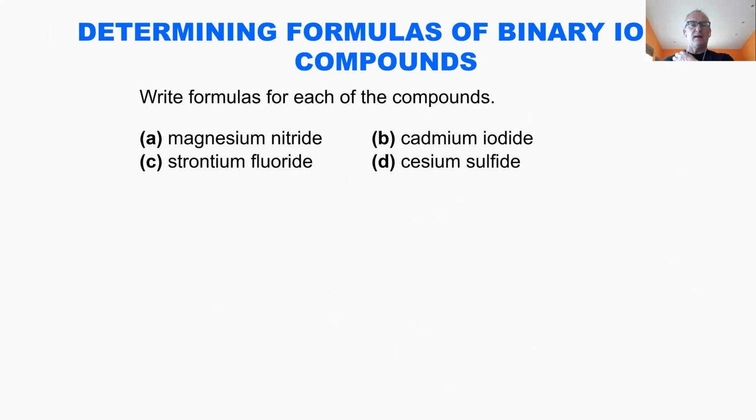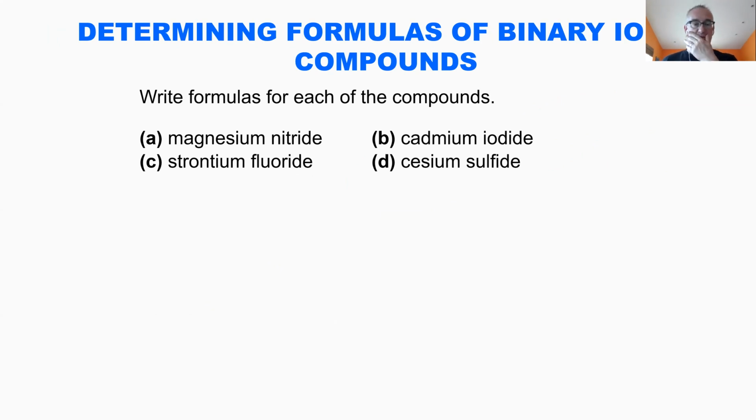All right. So let's do formulas for each of these. The first one, magnesium nitride. What would be the charge of magnesium? And what is the charge of nitrogen when it's an ion?